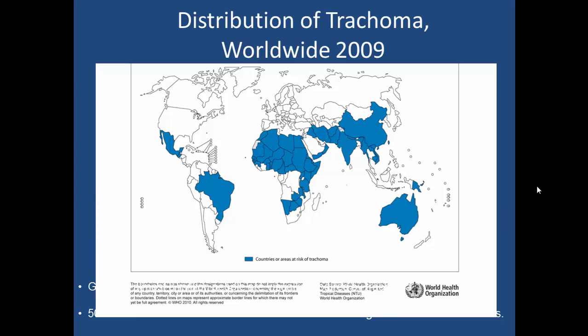Trachoma, unlike a lot of the other diseases, is more associated with semi-arid to arid areas. The other diseases tend to be more in the tropical areas, the more rainforesty and wetter areas, but trachoma tends to be more of the arid areas. So you'll see it a lot more in North Africa. You'll see it in the Middle East, some of the arid areas in India and China, also Australia.